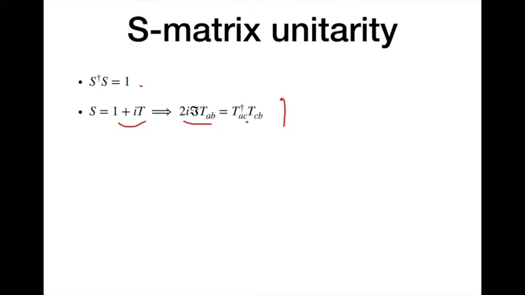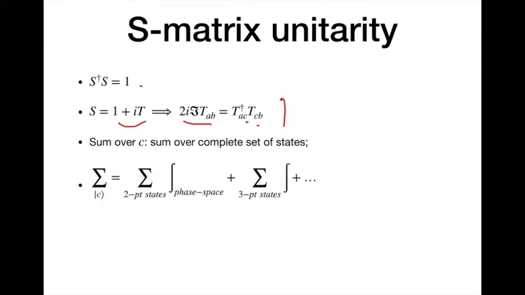But notice that there's a sum over this C index here. It's a sum over internal states, which is a complete set of states. And that sum covers a whole variety of objects. So it covers 2 particle states, 3 particle states, and so on and so forth. Also, you have an integral over phase space.